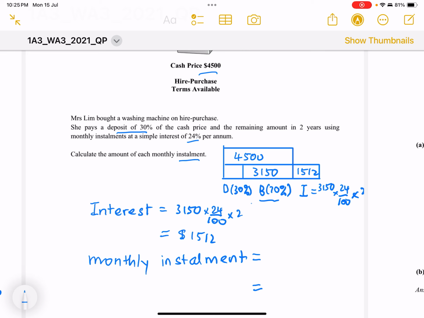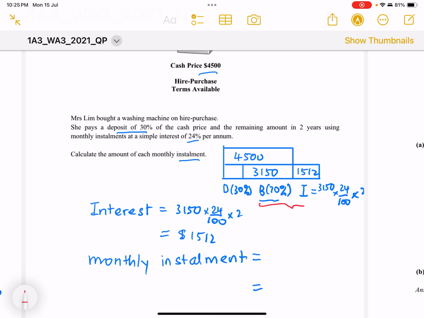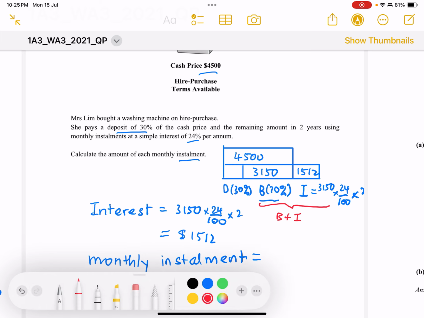So now the total amount to be paid will be the balance plus the interest. The balance plus the interest need to be paid back in 24 months. 2 years is 24 months.